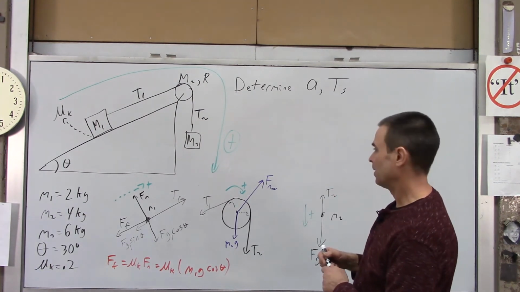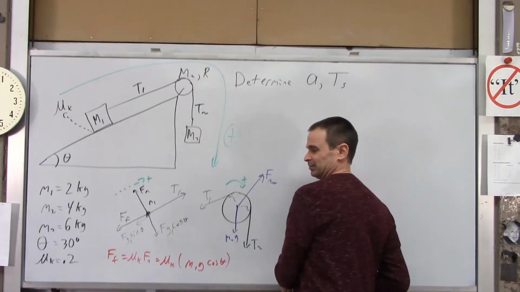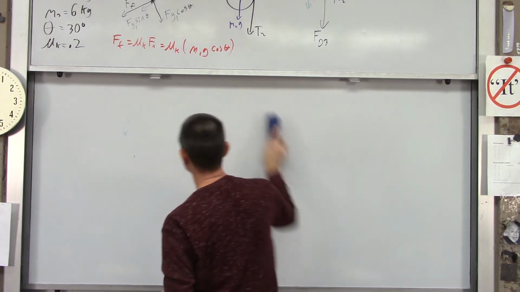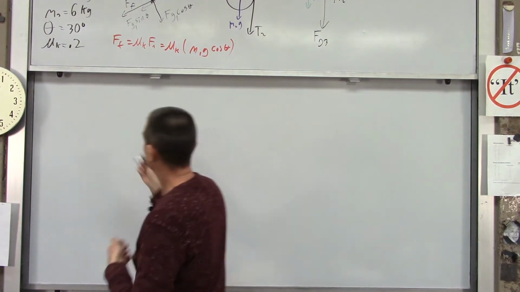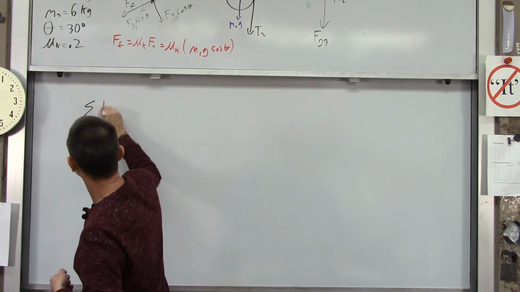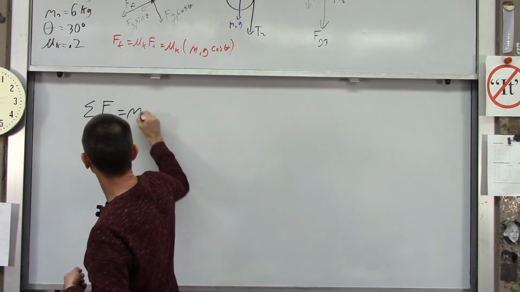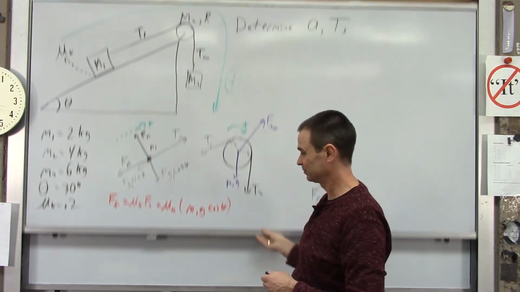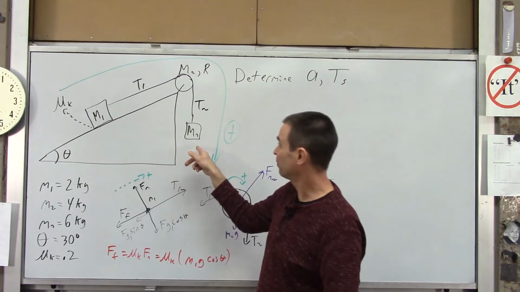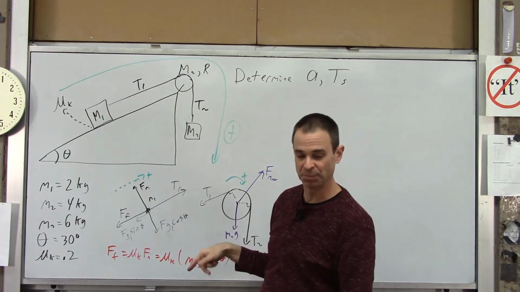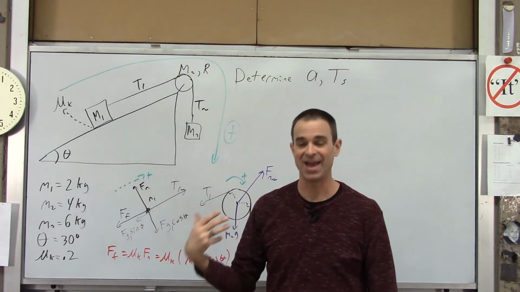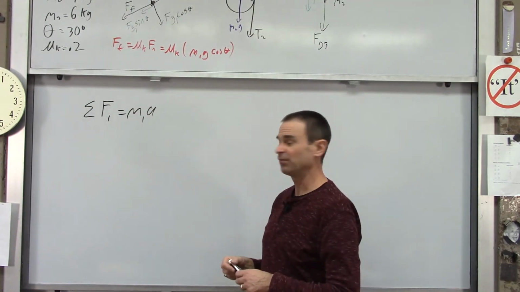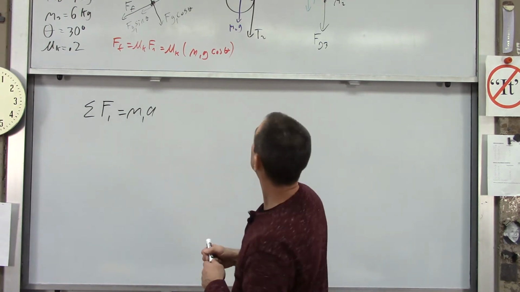I think I'll do it on the next board. Okay, so we've got net force on block 1 equals M1A. Oh, one more note. Block 1 and block 3 are going to have the same linear acceleration because they're attached. So there's just one A in the problem, acceleration. So net force on block 1 equals M1A.